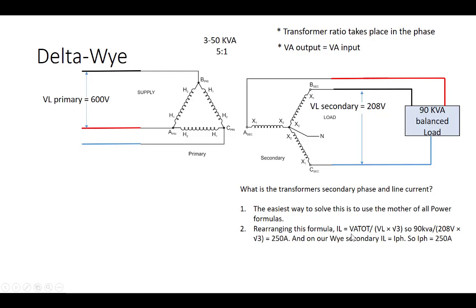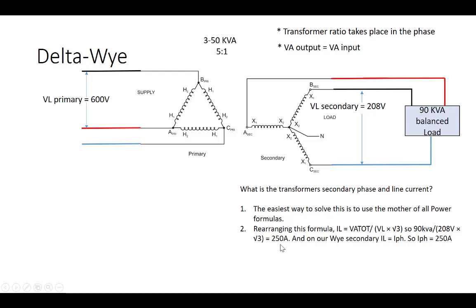So if the formula is VA total equals V line times I line times √3, to figure out the line current on the secondary, it would simply be the total VA divided by V line times √3. So 90 kVA divided by 208 volts times √3 is 250 amps.